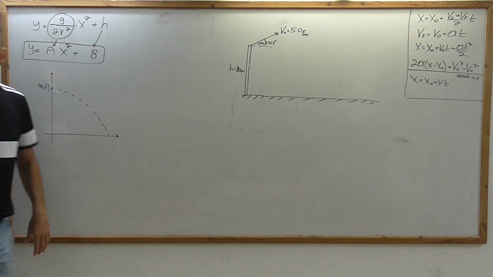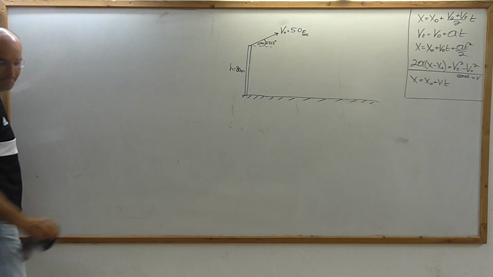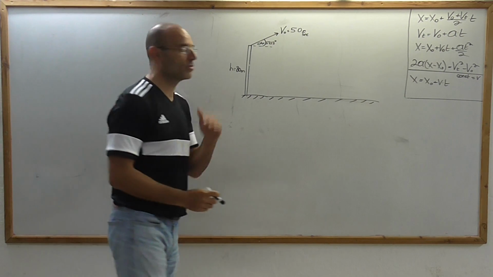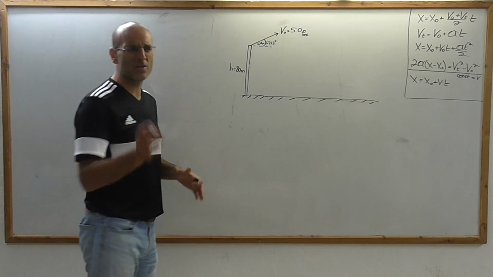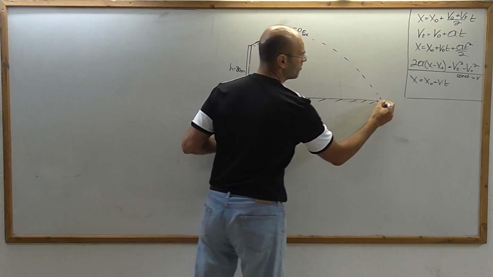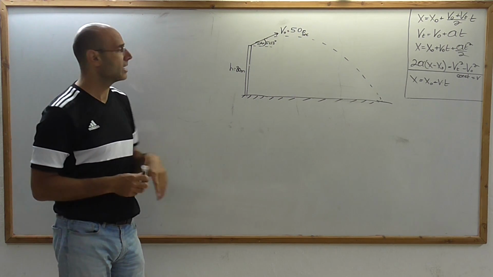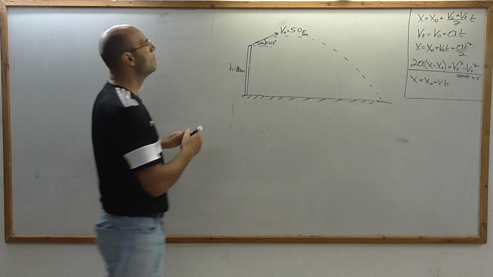And I want to know again everything. So how do I deal with this kind of problem? First of all, obviously we know that the path will be something like that, which is also a parabola. We'll prove it later, maybe.